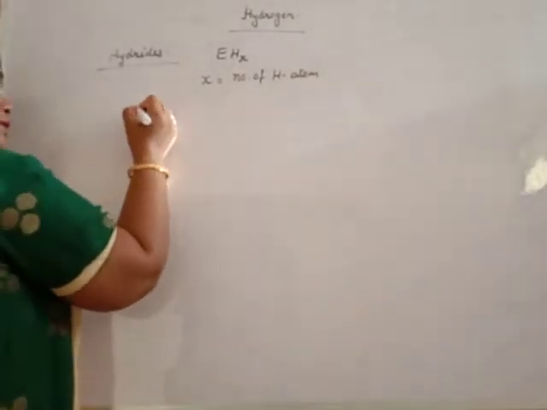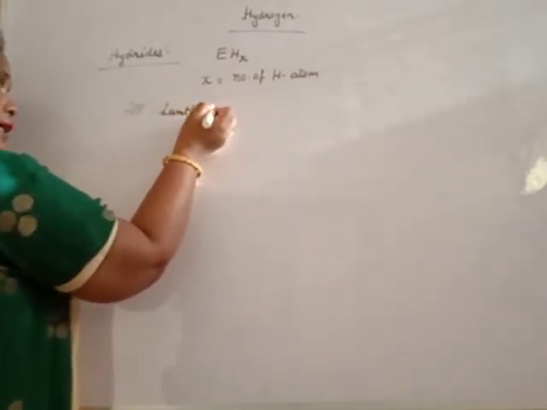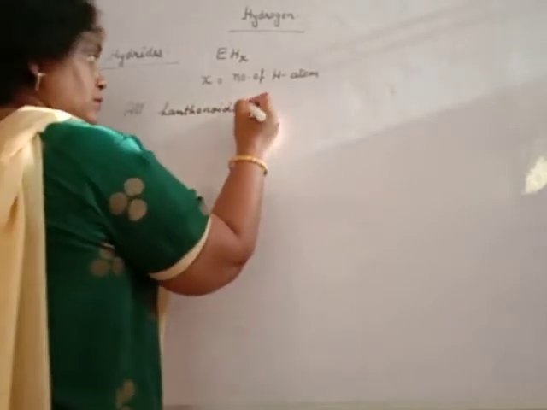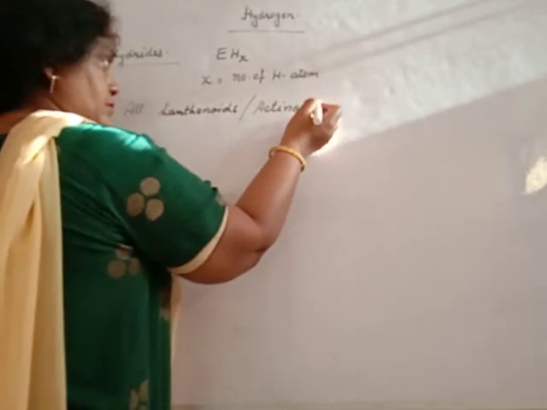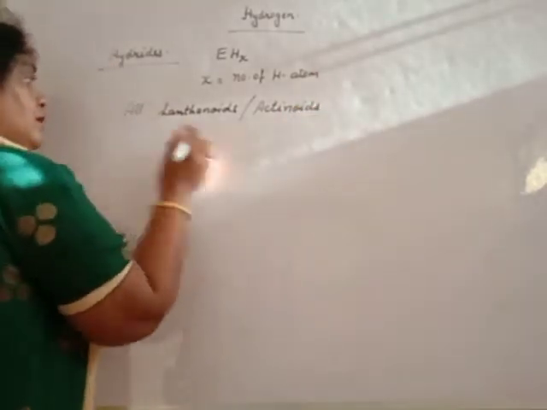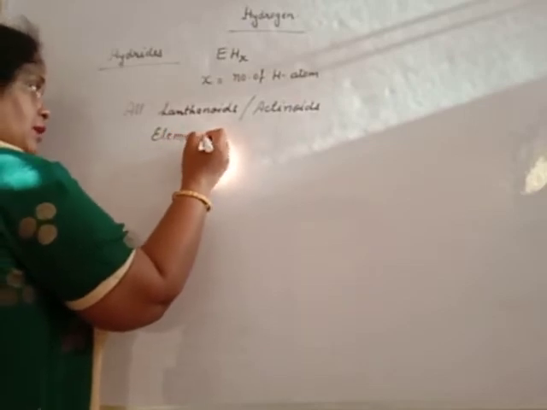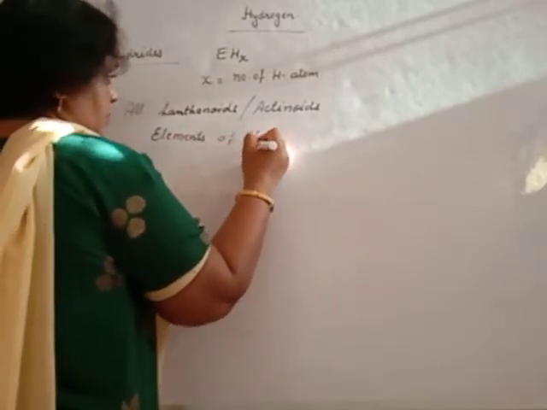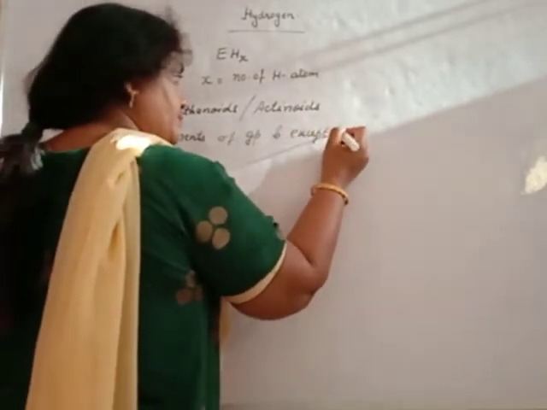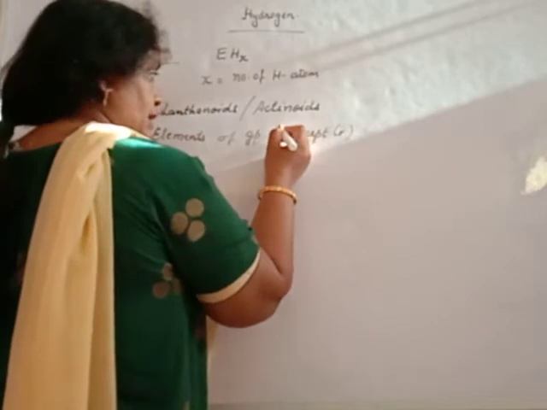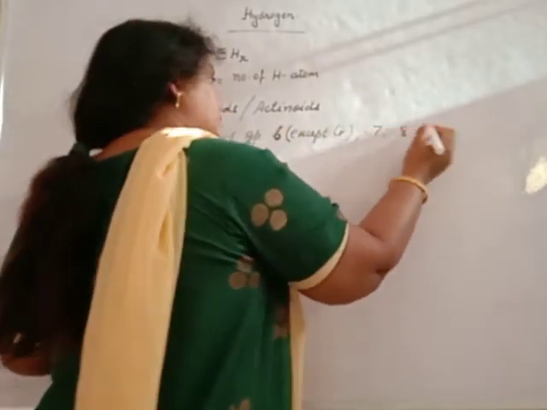Beta, all lanthanoids, actinoids, and elements of group 6 except chromium, 7 and 8.